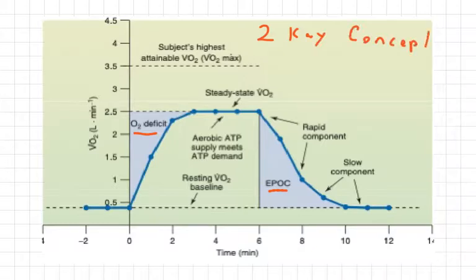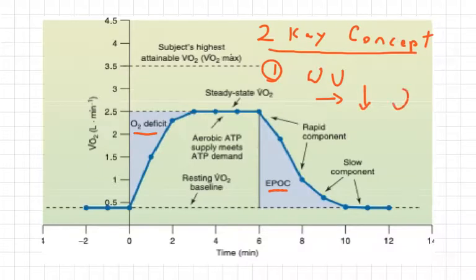Even though we didn't directly speak about it, if you do perform a warm-up, you reduce the O2 deficit at the beginning of exercise. By preparing the body for exercise, it allows more time for the ATP production pathways to equal out the ATP demand at the beginning of exercise.